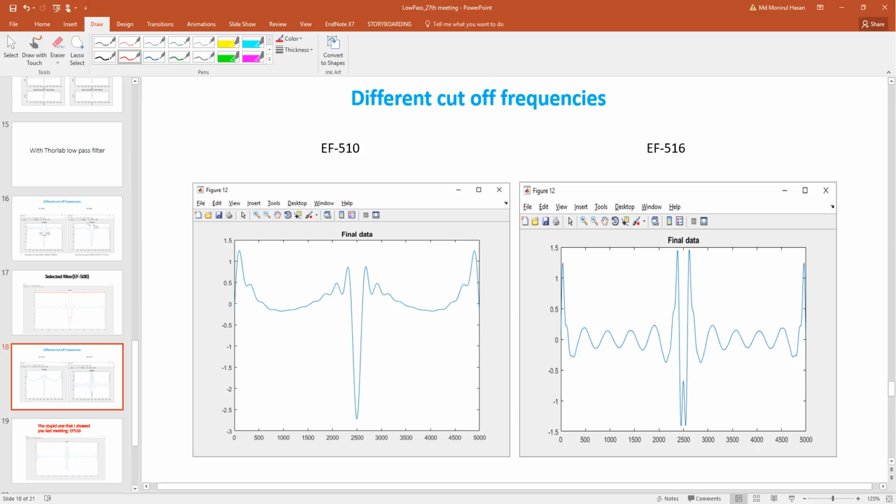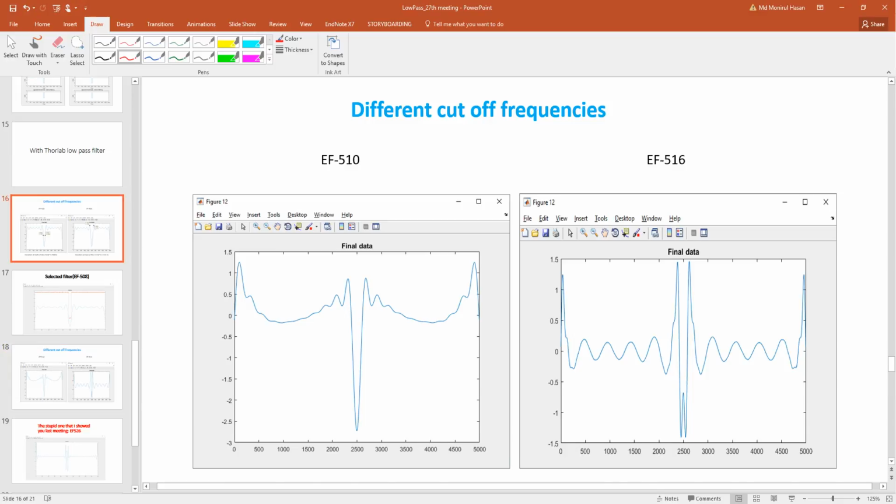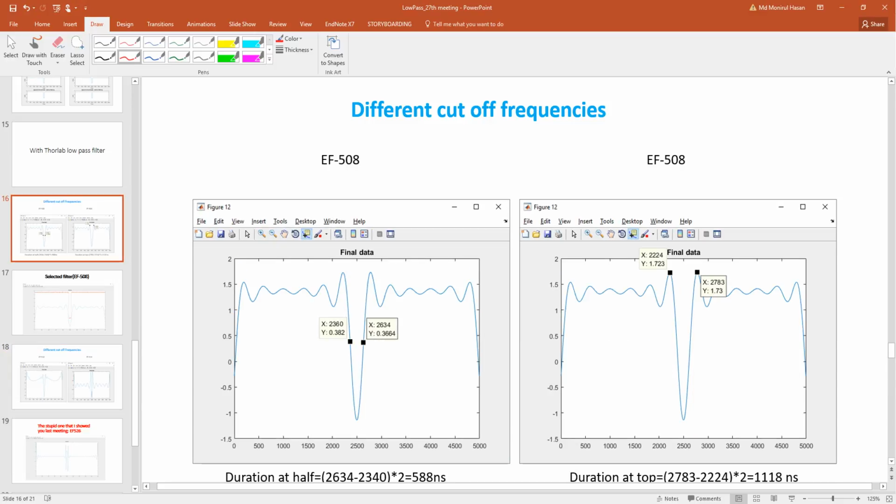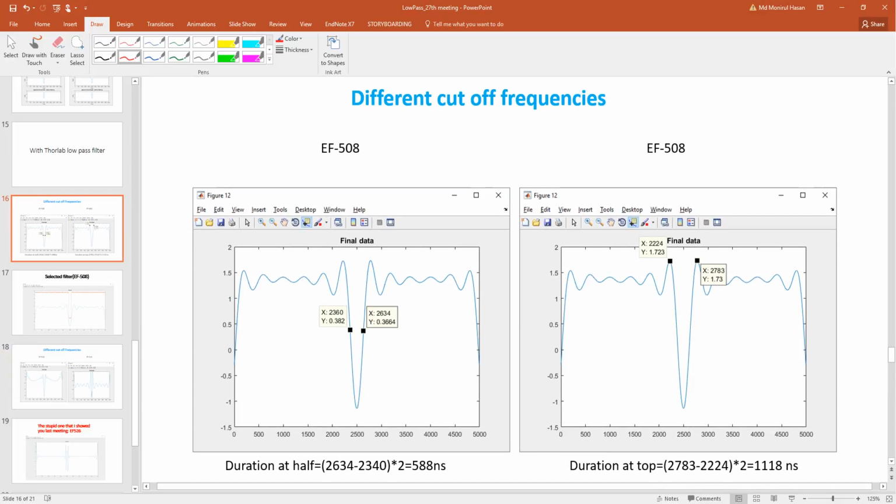Say EF 5/10 doesn't match, EF 5/16 doesn't match, only EF 5/08 matches our requirement, because the duration here is 588 nanoseconds, and this one, if we look at these 2 points, is 1180 nanoseconds.